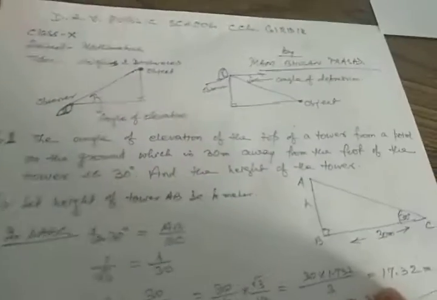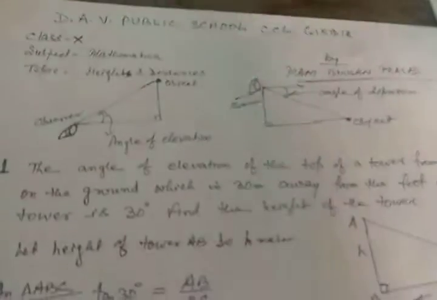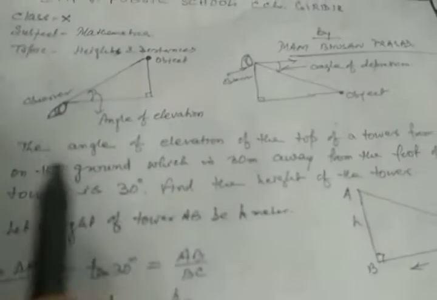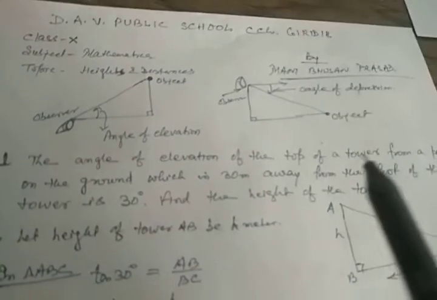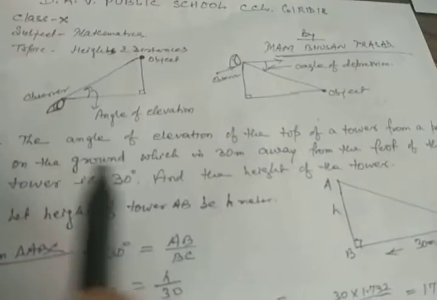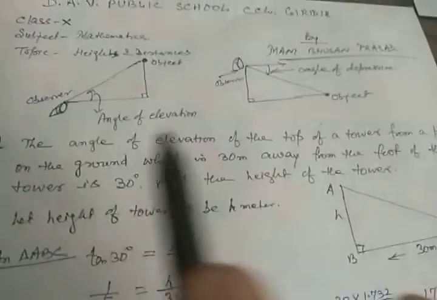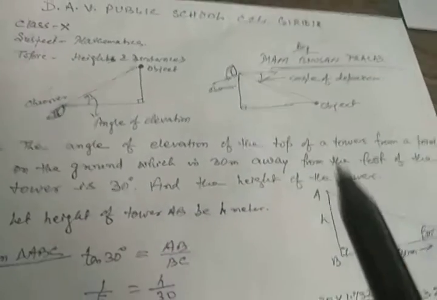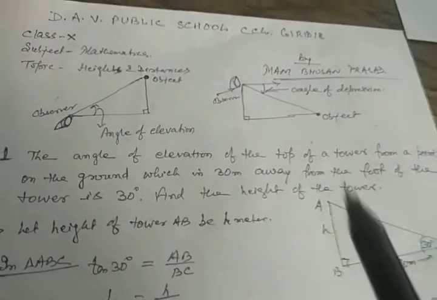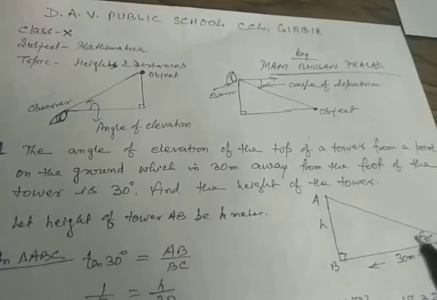Just see now the first example I have taken for you. The angle of elevation of the top of a tower. It is mentioned here that the observer is below, I mean at the foot of the tower. Is it clear?